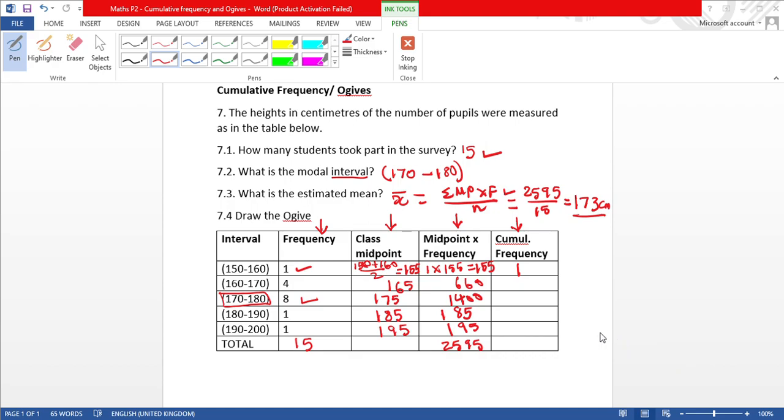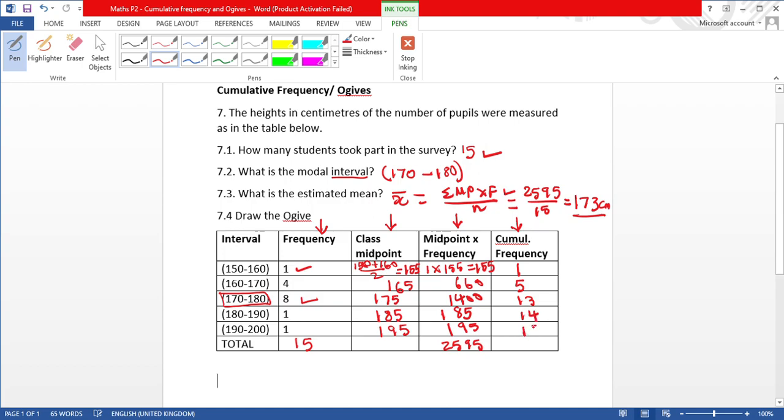So you have to add 1 plus 4, which you're going to get a 5. And then you keep on adding, basically. You keep on accumulating. The next value for frequency is 8. So you add an 8, you get 13. The next one, you're going to add a 1, you get a 14.